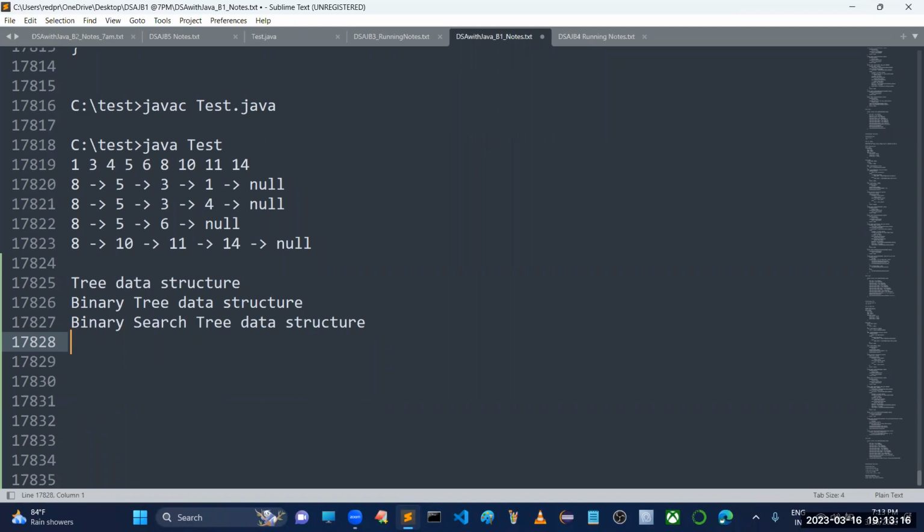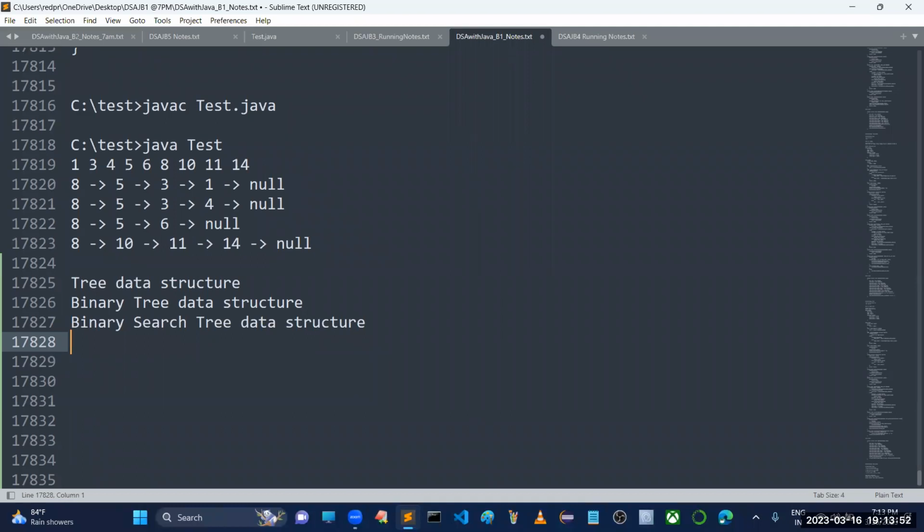The left subtree values should always be less than the root node, and right subtree values should always be greater than the root node. With that principle, we have to insert the data, and with that principle, we are going to retrieve the elements from a binary search tree. That part we also discussed very clearly in our last videos.